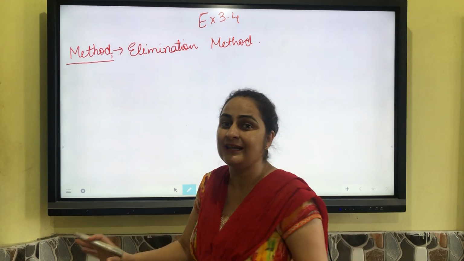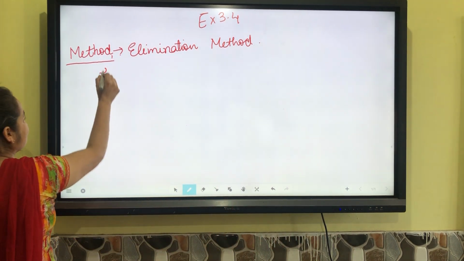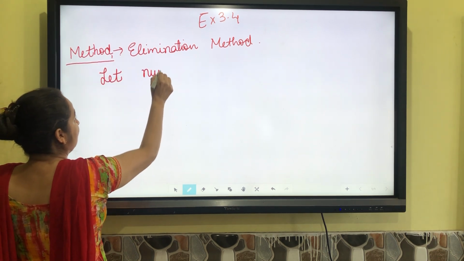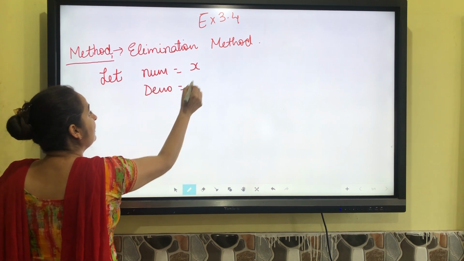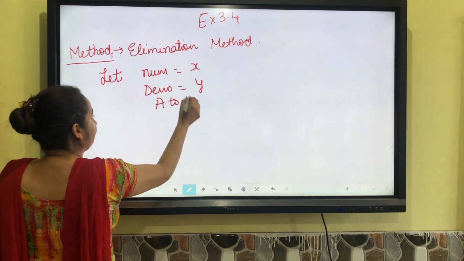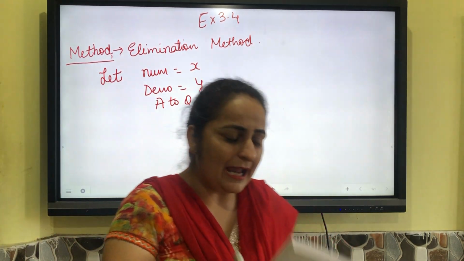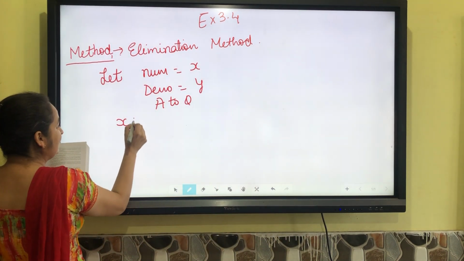If we don't know anything in the question, the method for solving is to suppose. Let the numerator be x and the denominator be y. Now, according to the question, if we add 1 to the numerator, what is the numerator? x.